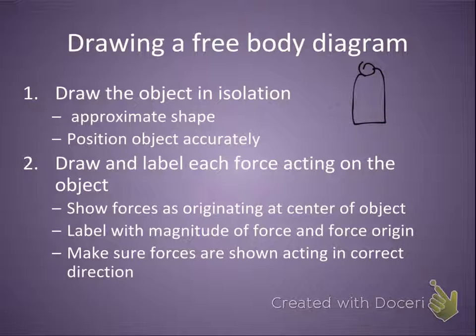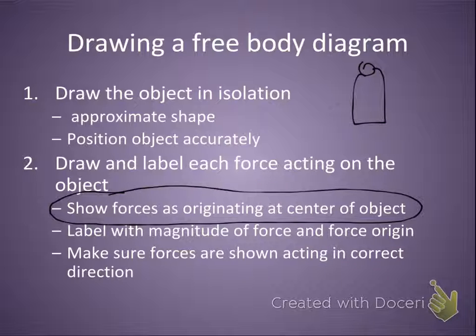When you draw and label forces, this is really critical. And one year I had two students who seemingly never got this. So I want to make sure we make it very, very clear from day one. All forces are shown as originating at the center of an object. That's critical. You typically label the forces with whatever information you have. You label their magnitude if you have it.